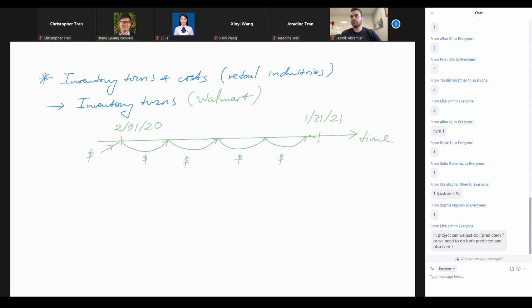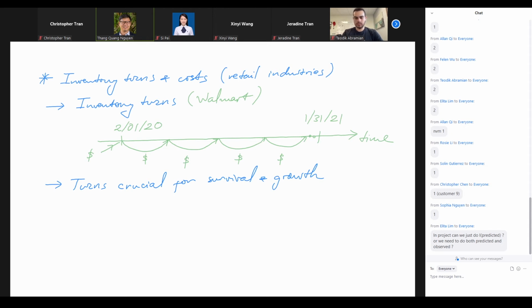So we talk about the inventory turn because the turns are crucial for survival and growth, right?